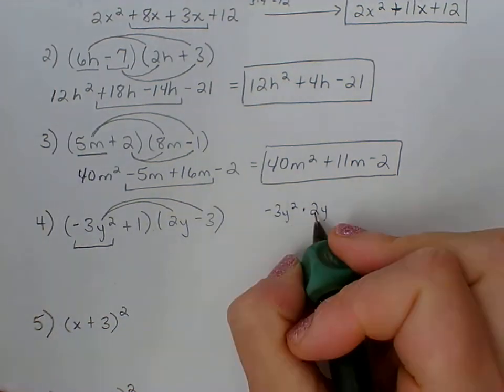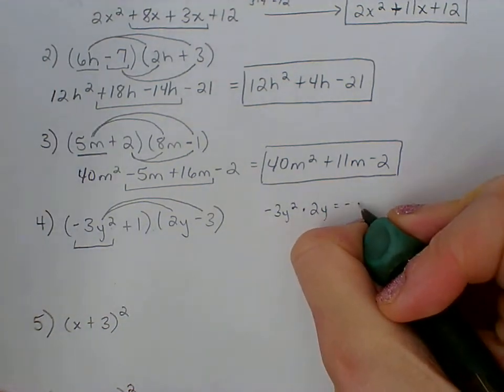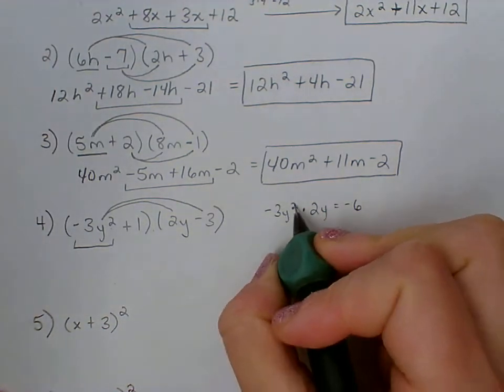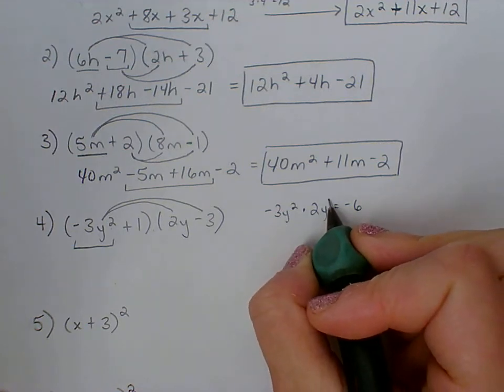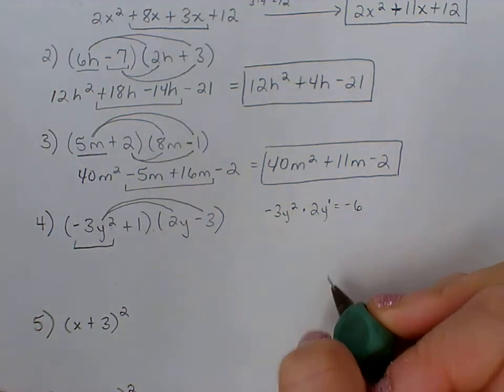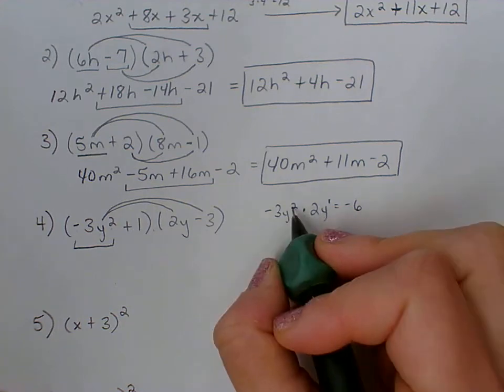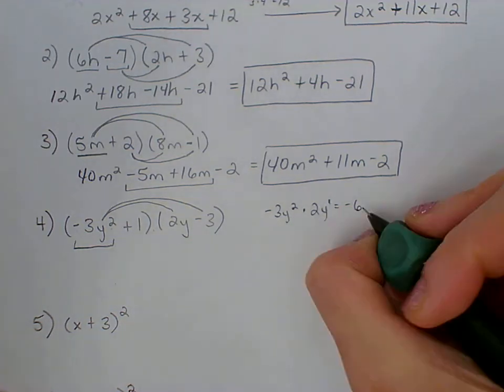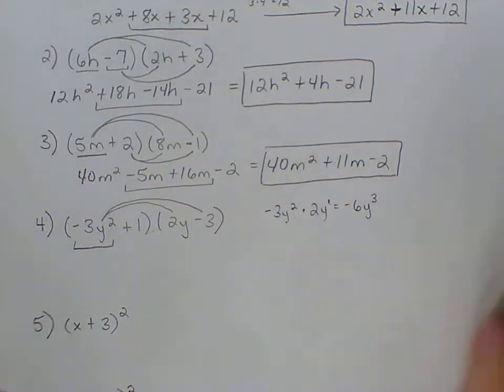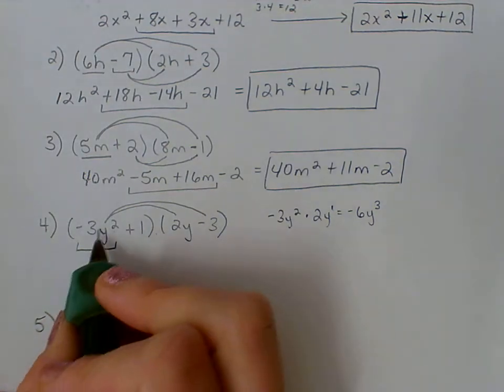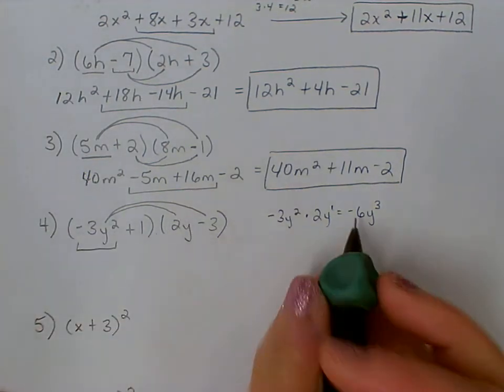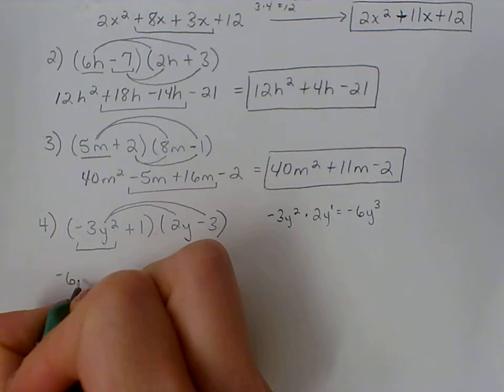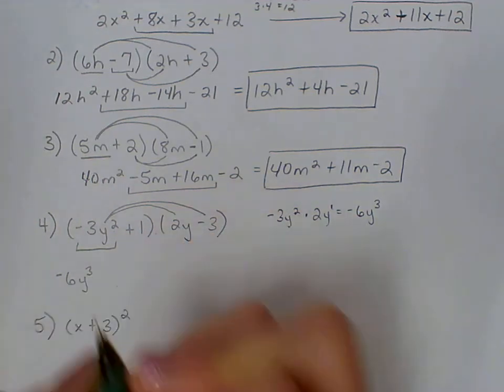So negative 3 times 2 would end up being negative 6. And then y squared times y, well, remember that's like a y to the first right there, and when you're multiplying like bases, you add the exponents, so that would end up being y to the third. Okay, so when we take this times the 2y, we end up getting negative 6y to the third.